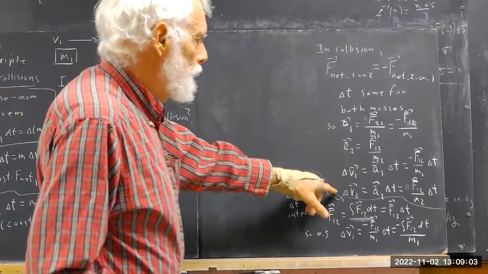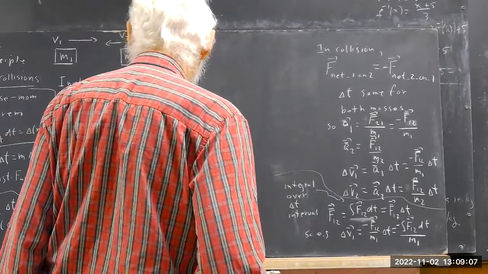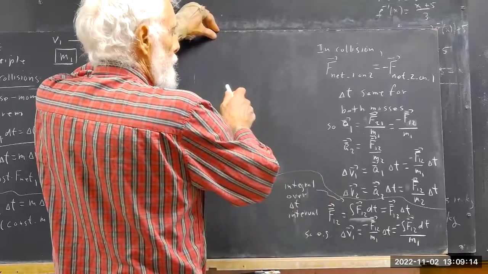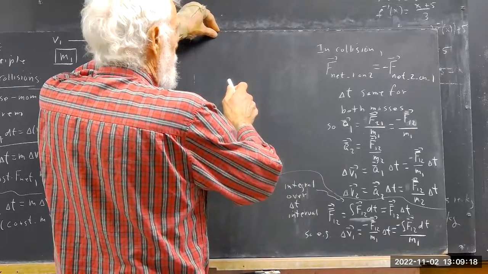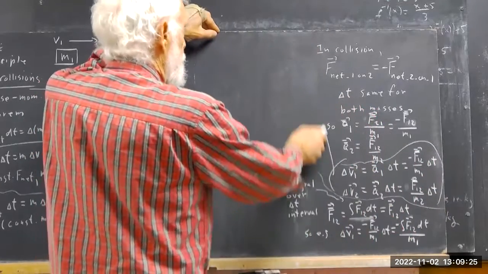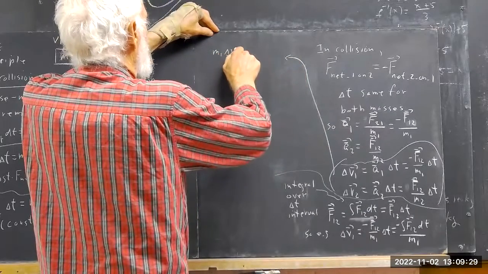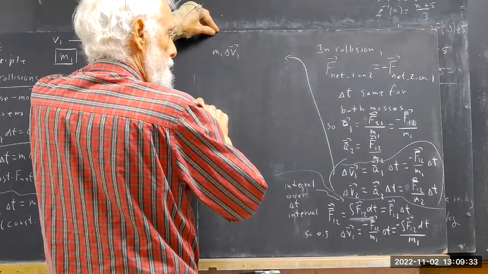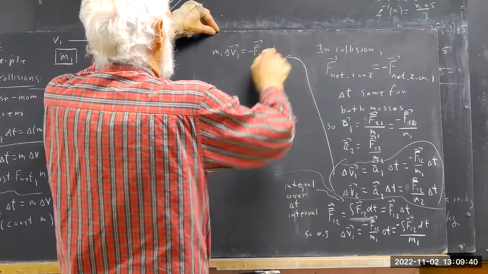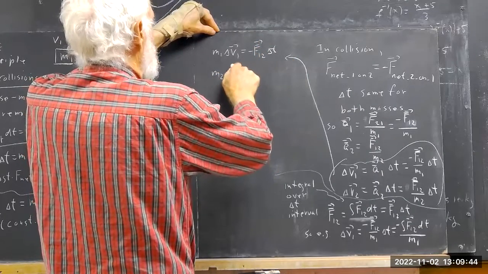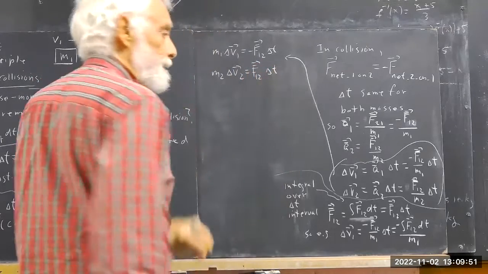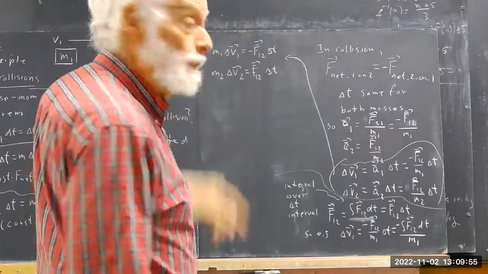So in this collision, we know delta V1 and delta V2. This tells us immediately we find that M1 delta V1 equals negative F12 bar delta T, and M2 delta V2 equals F12 bar delta T. And these are your changes in momentum.